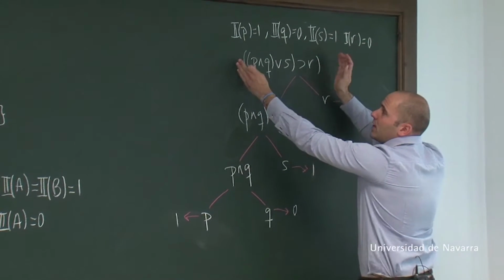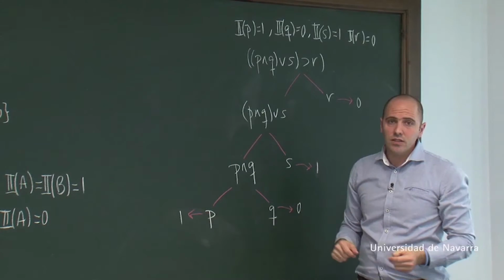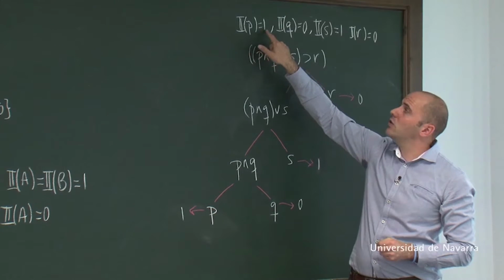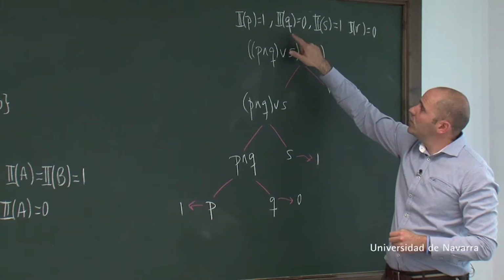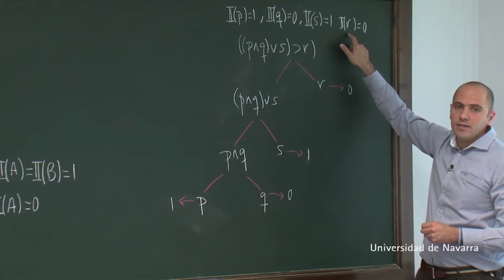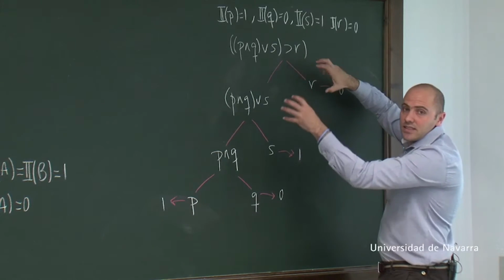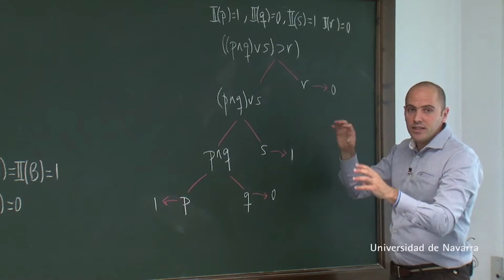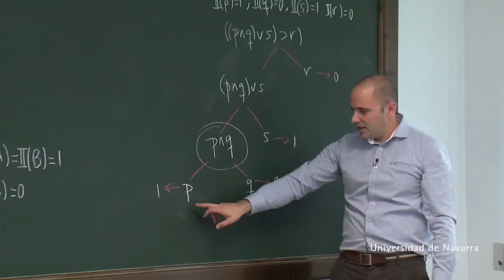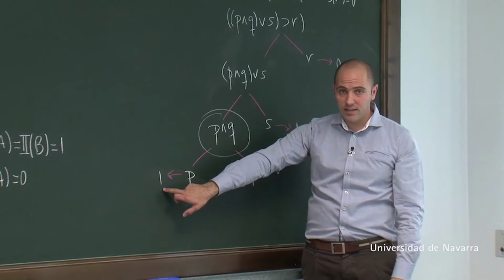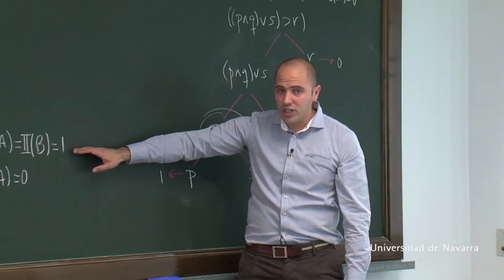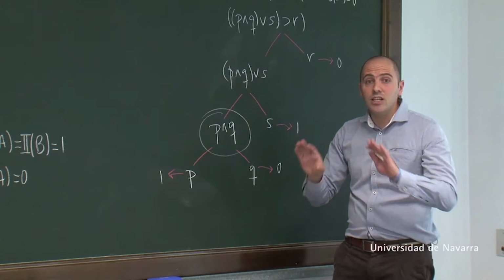So consider the following example. We've got this formula here, and we've got an interpretation for the propositional variables in that formula. This interpretation gives us the value 1 for P, the value 0 for Q, the value 1 for S, and the value 0 for R. So we can analyze this formula in a tree, and you can see that for this particular case, since P takes value 1 in this interpretation and Q takes value 0, by the clause of conjunction, a conjunction takes value 1 just in case both take value 1.